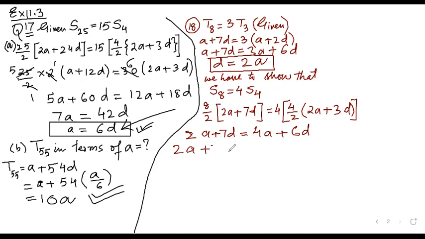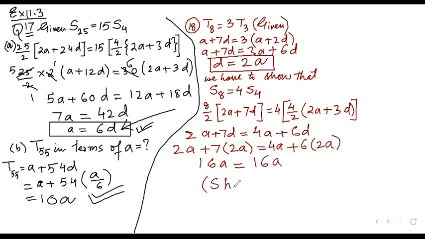So 7 multiplied by 2a, 14a, plus 2a, 16a. Here 2 times 6 is 12a plus 4a, 16a. So this is the proof that the sum of 8 terms is 4 times the sum of 4 terms.